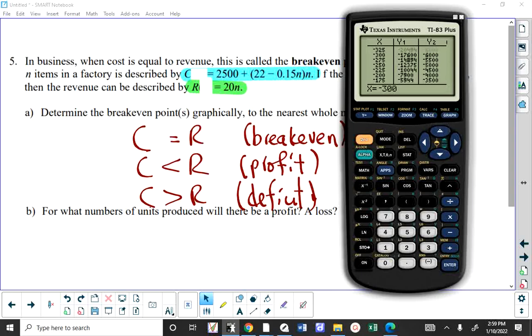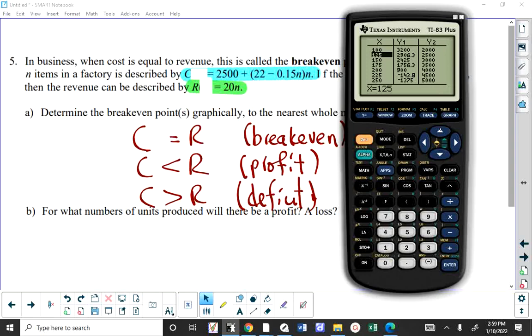It's negative. Oh, because I'm going in the wrong direction, let's try that again, 100. There we go. So it's looking like somewhere around 125 to 150 items. They're kind of hovering close to each other.